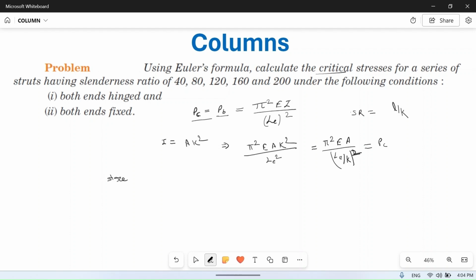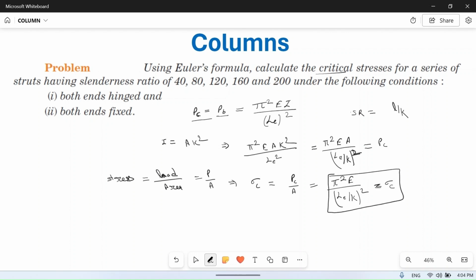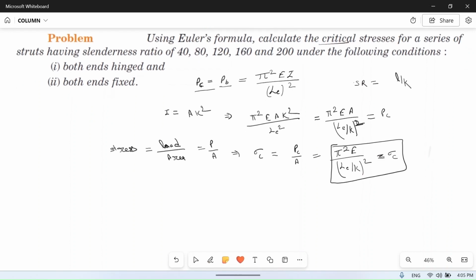Critical stress is equal to load divided by area, or P divided by A. Suppose critical stress is represented as sigma C, then sigma C will become P C by A. So if we divide by A, it will become pi square E divided by L effective divided by K, whole square. So this is our crippling stress. I hope you understood up to here.